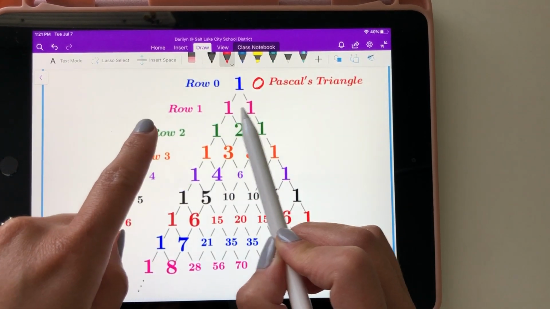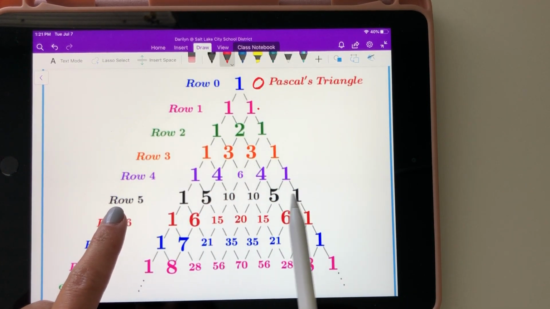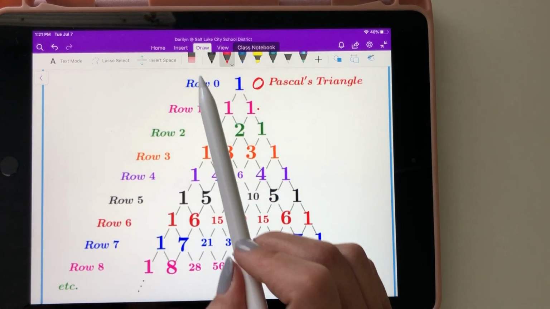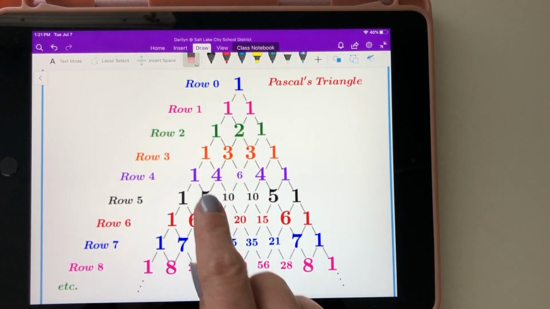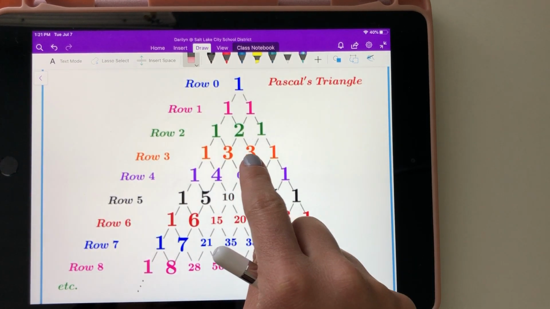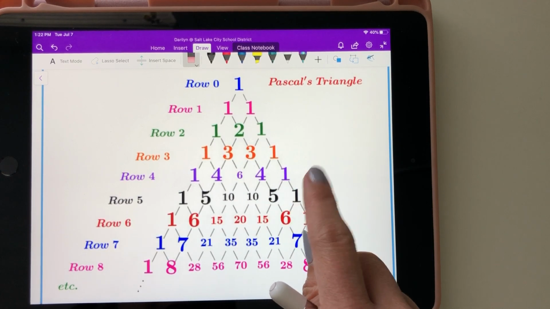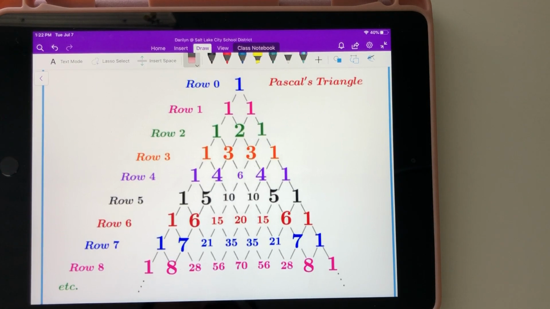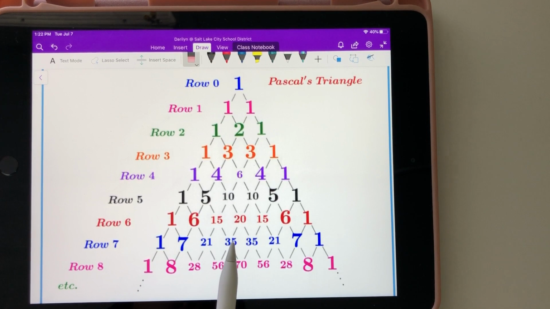This is row 1, row 2, row 3, row 4, row 5, row 6, row 7, row 8, etc. It's also important to notice that this is completely symmetric, meaning if I read it forwards and if I read it backwards, it would be the same. 1, 3, 3, 1. 1, 5, 10, 10, 5, 1. That's really important to make sure we don't make mistakes later, but it's also the beauty of Pascal's triangle.